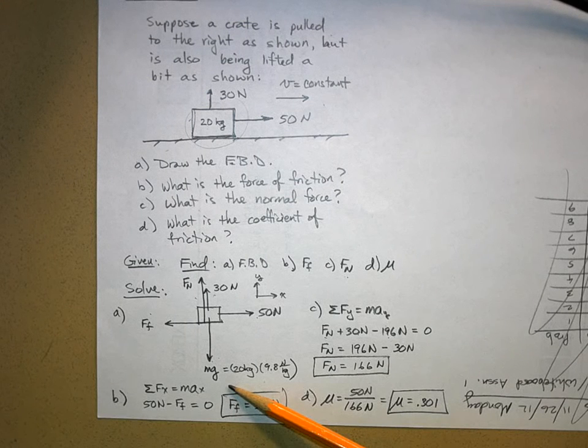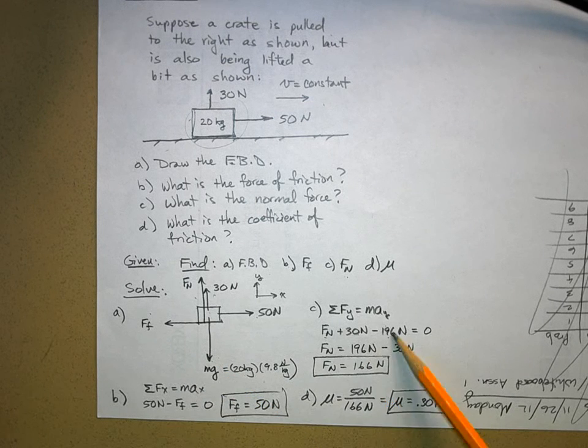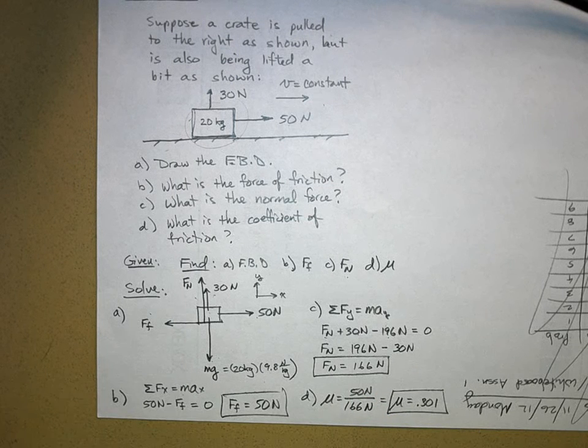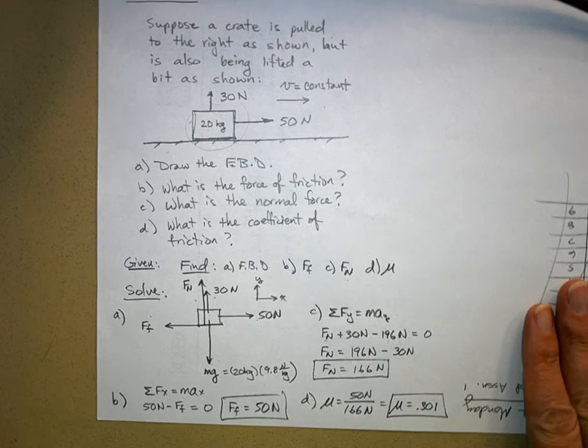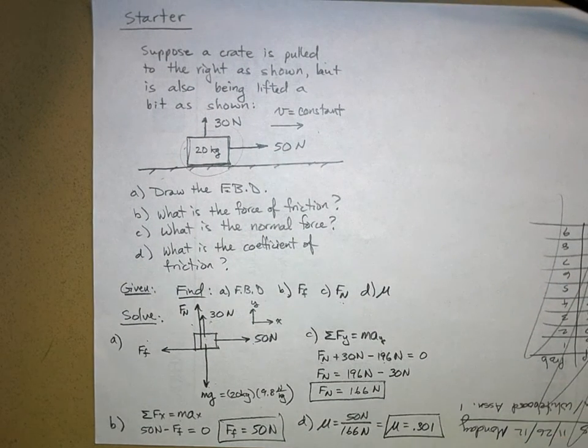Now we're going to complicate things. And there could be another force in the y direction, and you'll have to account for that. But if you follow the procedure carefully, if you draw the free body diagram, identify the x and y direction, and use Newton's second law, you'll be able to do it. Okay? And any questions on this lovely little problem here? Okay. That is all then.